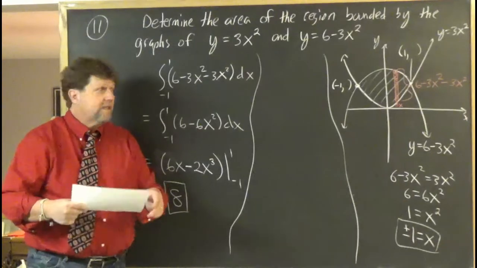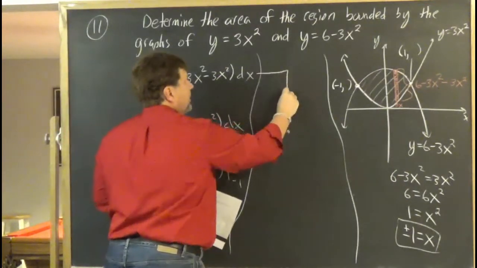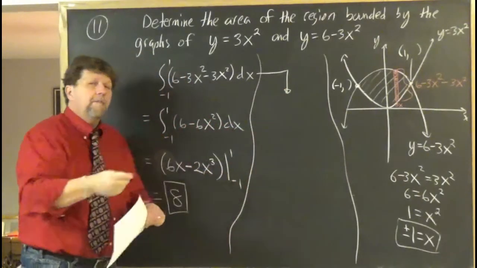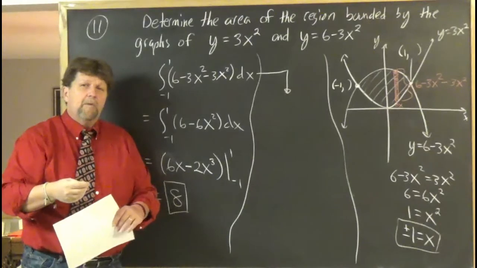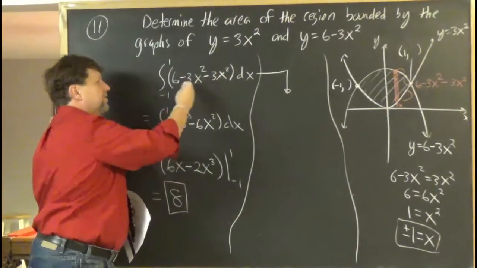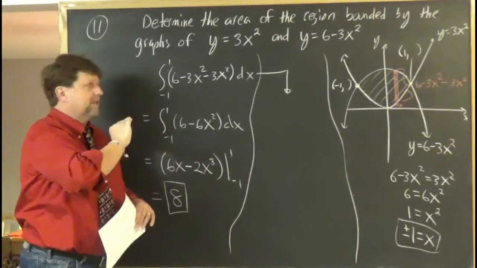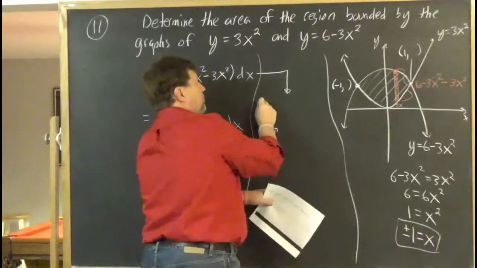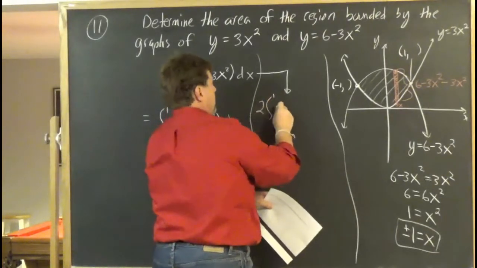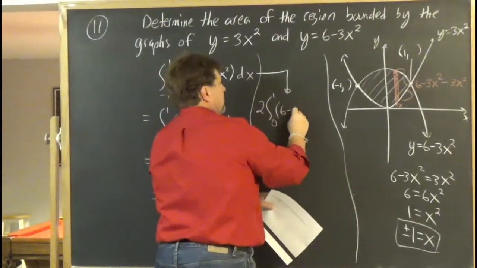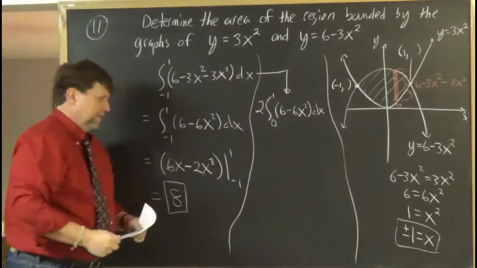So if you noticed that, you could have used an old property you learned back in Chapter 5, in Calculus 1. When you're integrating an even function on an interval that is symmetric about the y-axis, you could do 2 times the integral, here from 0 to 1, of 6 minus 6x squared dx.